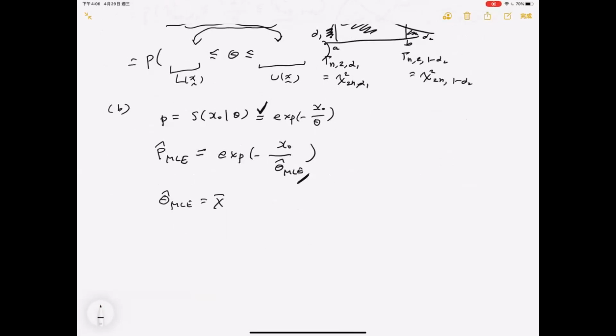Okay, so how do I derive P MLE's large sample distribution then? You can get started from theta hat MLE's distribution.